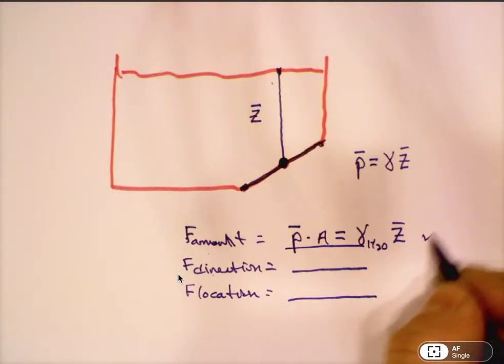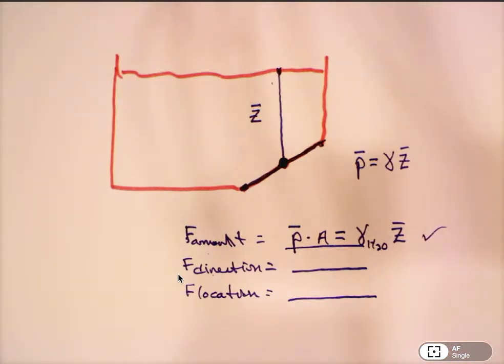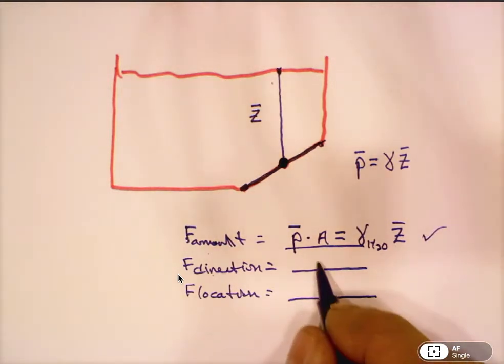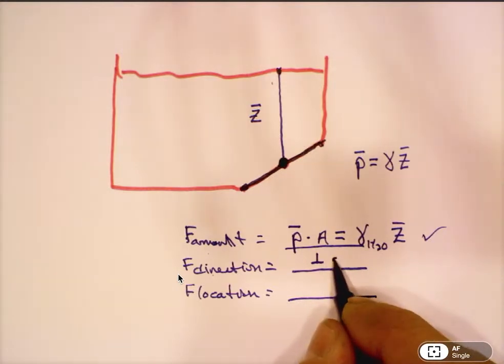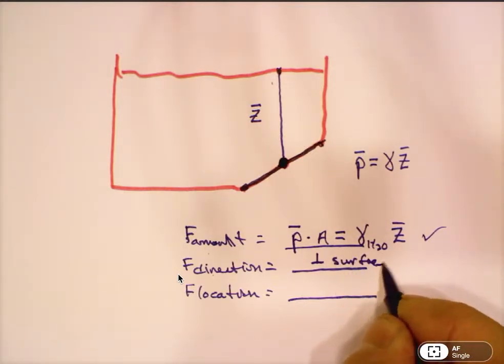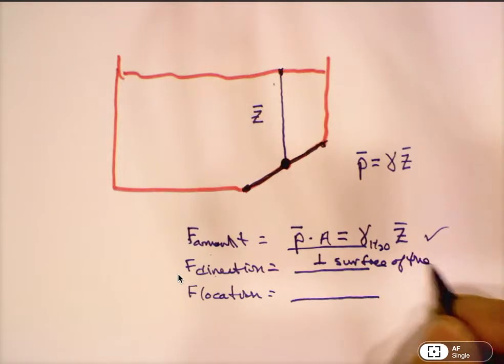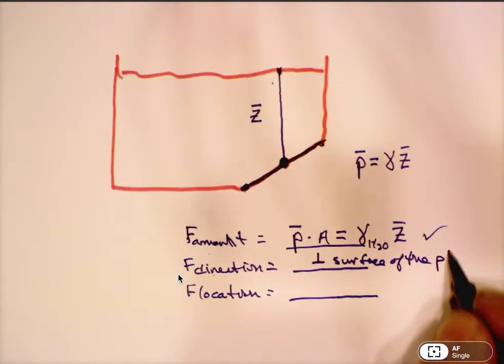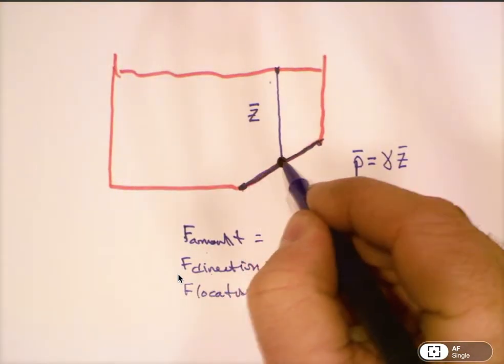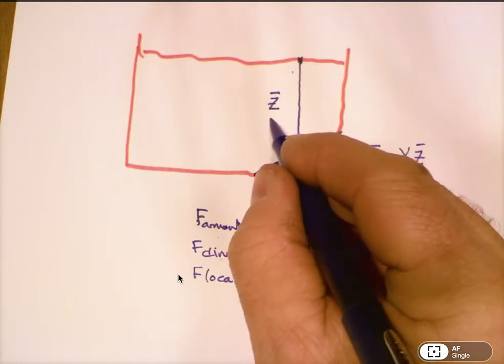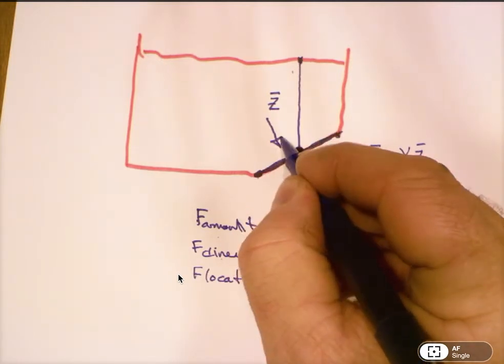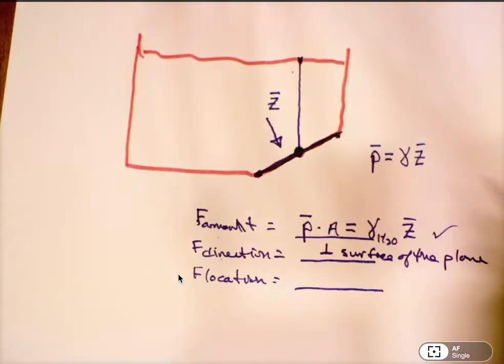Boom. That's it. That's the equation for the amount. The direction? Perpendicular to the surface of the plane. So this is a plane. Perpendicular to it is the direction.